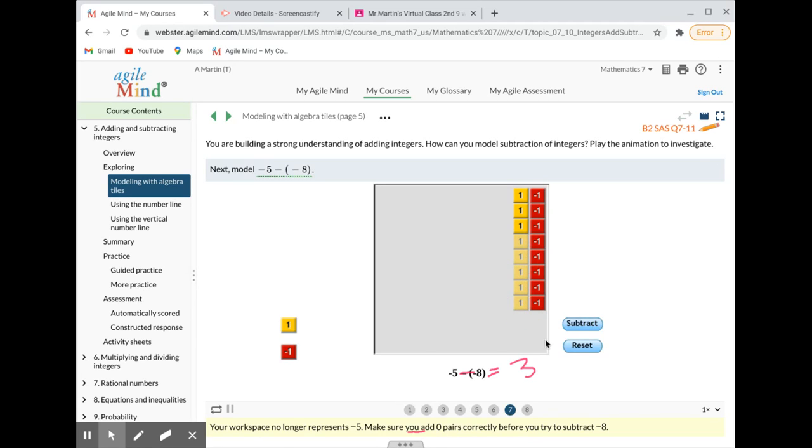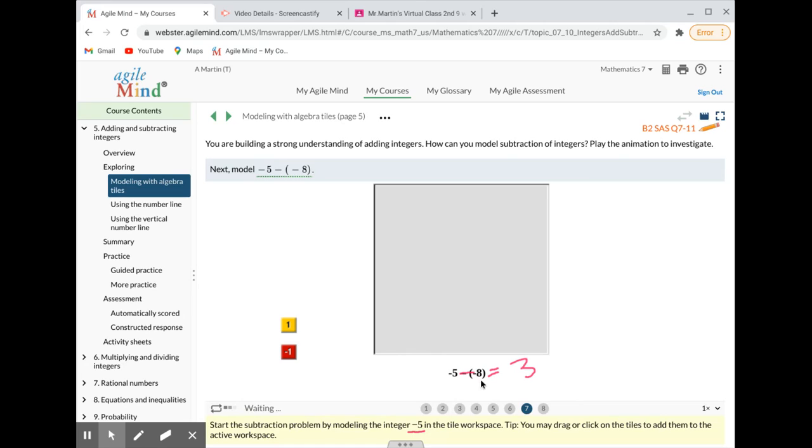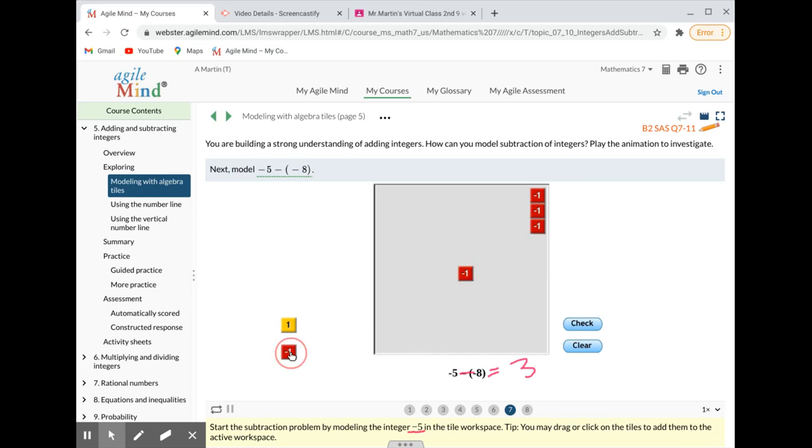How did you get 3 at the bottom? Did you subtract 5 from 8? I did -5 plus 8. Go ahead, Grayson. Wouldn't you have to do +8 and -8, but add 3 more positives? Maybe.